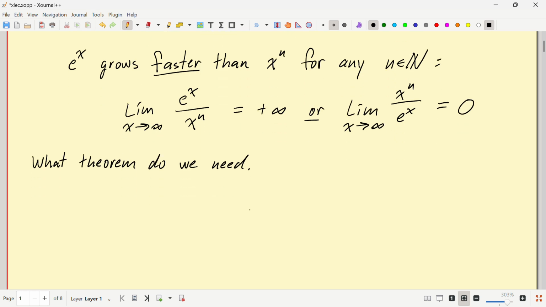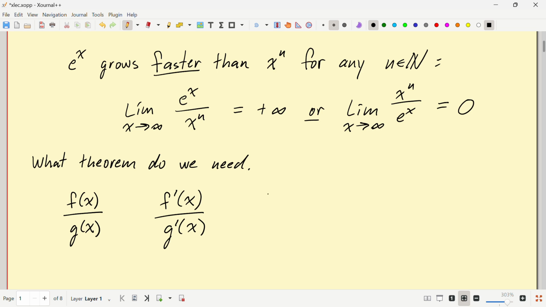So let's suppose we have f of x over g of x, and f prime of x over g prime of x. We're going to want to use the extended mean value theorem. If those quotients are going to make sense, then g and g prime need to be non-vanishing.